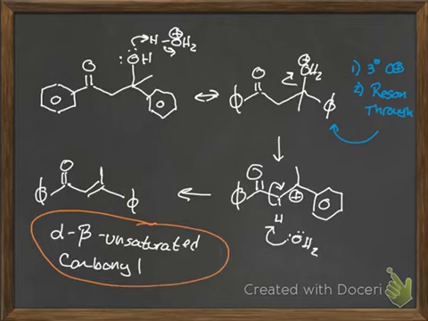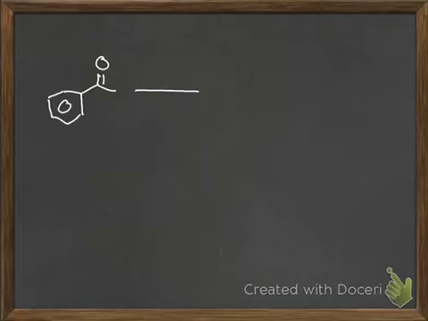Why don't we go ahead and take a look at the base pathway that does that? Because this one is probably going to piss you off. And I'm going to go back to, let's use acetophenone again, just because I have a thing for 6-membered rings. So let's say we use hydroxide as our base here.